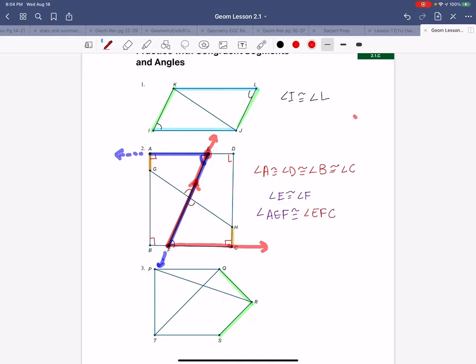EFC. Notice that angle E is still in the middle of my list. I just used 3 capital letters to name an angle, and this helps me know I'm talking about this angle, not this angle. Both of those angles are happening at F.